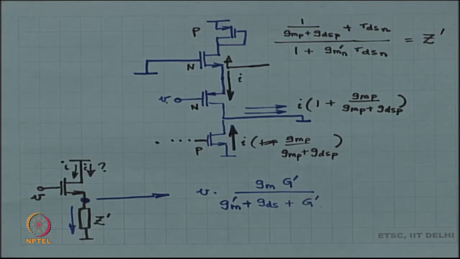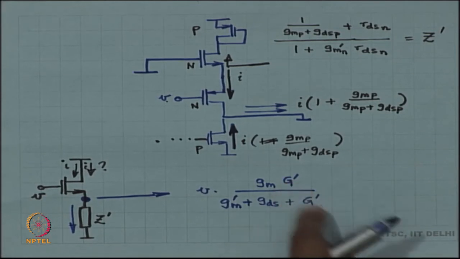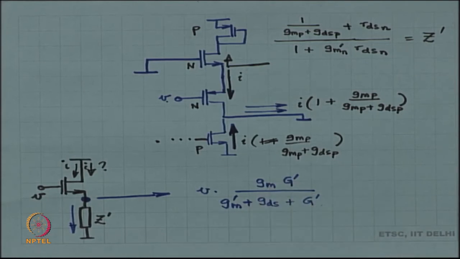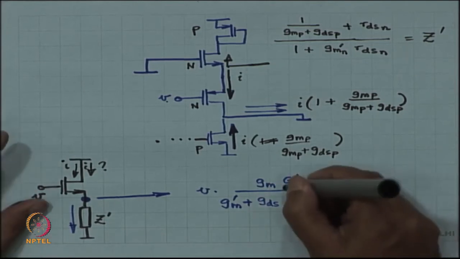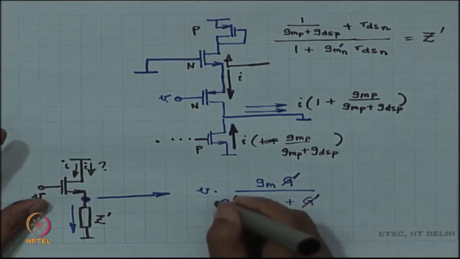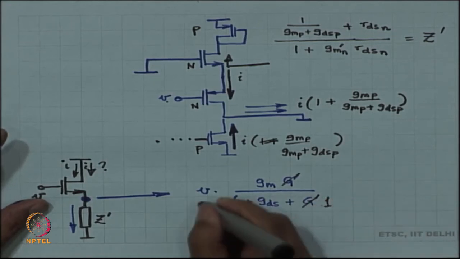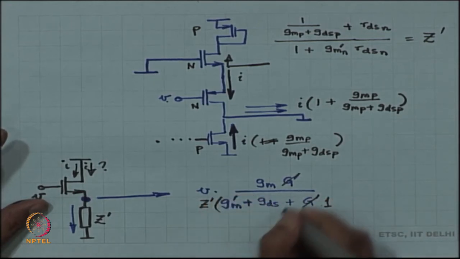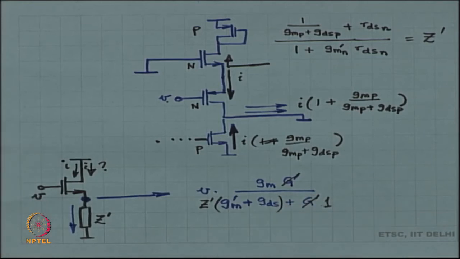Generally a good idea is to multiply numerator and denominator by Z prime when you have got both. So, this is what we have.